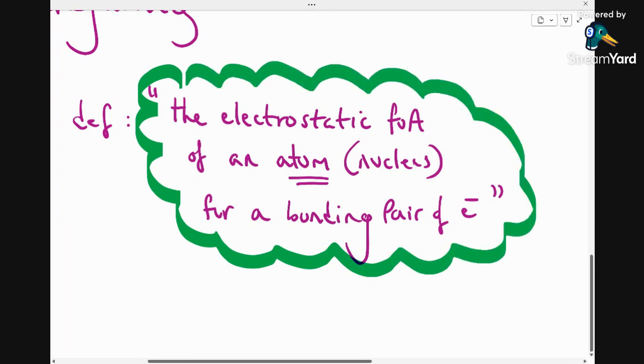The electrostatic force of attraction of an atom in a covalent bond, specifically the nucleus of that atom, for a bonding pair of electrons.